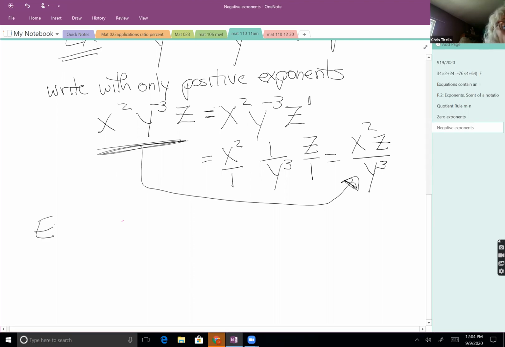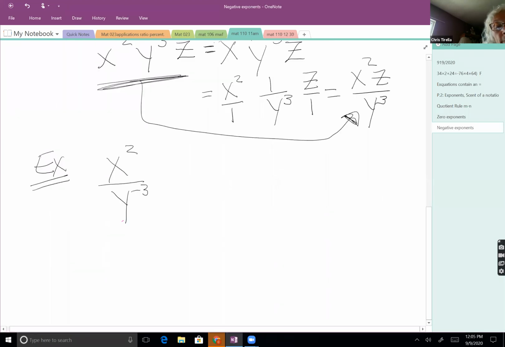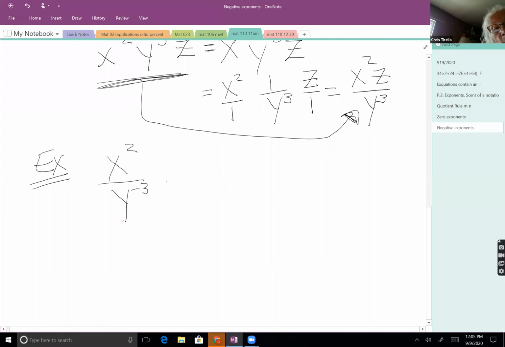Slightly different one though. Let's look at x squared over y to the negative third. What's it going to mean when I have a negative exponent in the denominator? We could do all sorts of work to say that, well, that means that I've got x squared over 1 over y to the third.